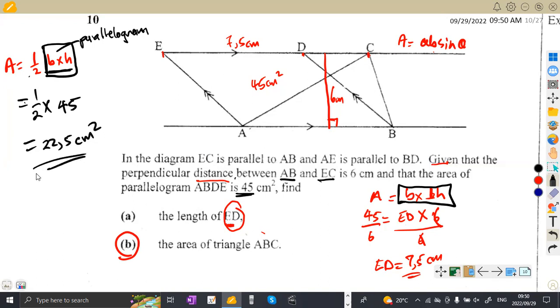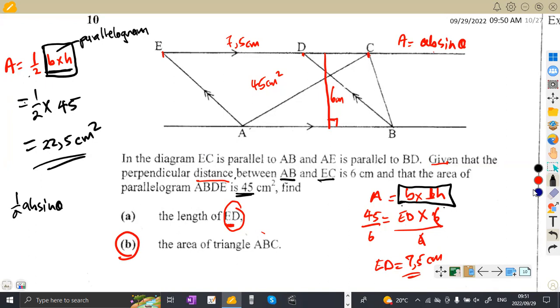So guys, you must know the formula and also how to interpret from that formula. That is what is important. We already know that base times height is our parallelogram, but for the triangle, it's half base times height, or even half AB sine theta.